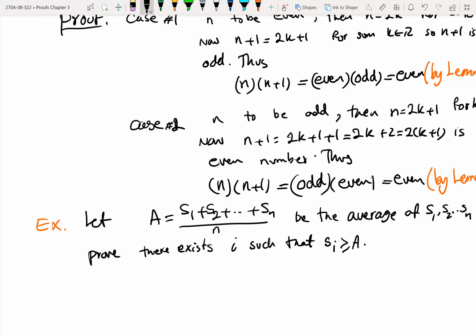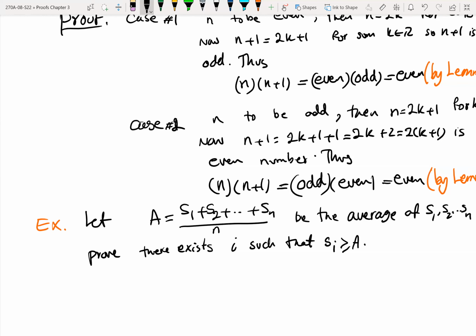So you can think about it: if you have 3 midterms and your average is 60% out of 3 midterms, this is saying at least one of your midterms must be more than 60.